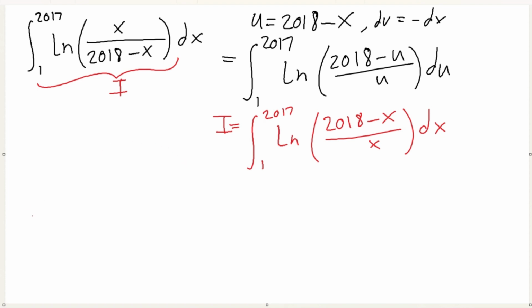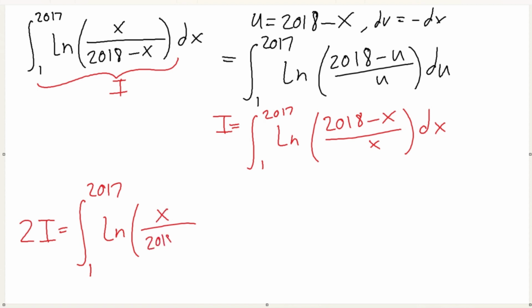So 2I gives us the integral from 1 to 2017. We can combine them because they have the same bounds. Okay, if they don't have the same bounds, we can't combine them and we're kind of stuck. But because they have the same bounds, we can go ahead and just combine them freely. ln of x over 2018 minus x plus the ln of 2018 minus x over x.